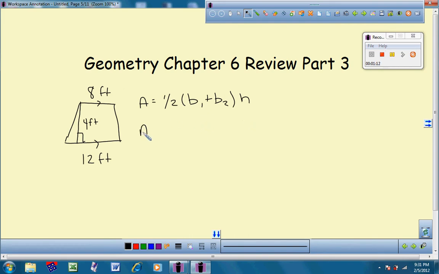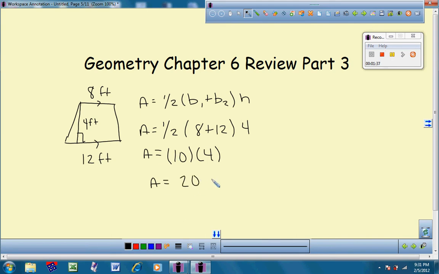So area is equal to 1/2 of 8 plus 12 times our height of 4. 8 plus 12 is 20, and 1/2 of 20 is 10. Multiply that by our height of 4, and the area of our trapezoid is 20 square feet.